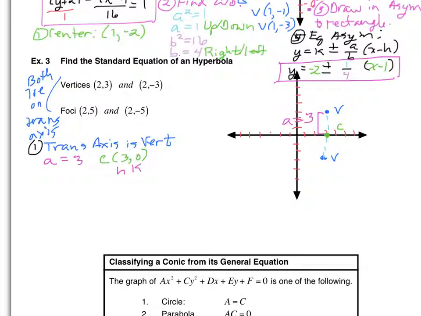B. Courtney. How do you get center from 3, 0 if the vertices are 2, 3, and 2, -3? Oh. Yeah, then I totally plotted those wrong. Gotta love me for that one. Thanks. Okay, well, no. Hopefully that didn't just really happen.